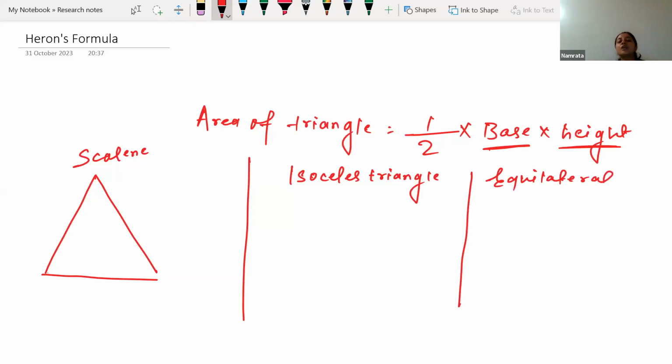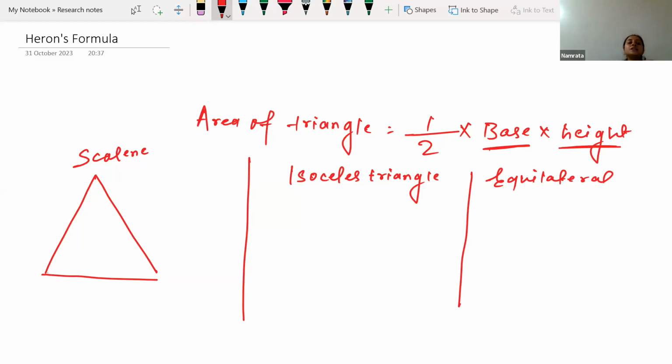This formula till now we have applied for the given triangle. At that time, either the base or the height, or both, used to be given, or if anything was missing, we used the Pythagoras theorem to find the unknown side, and then we found the area of the triangle.